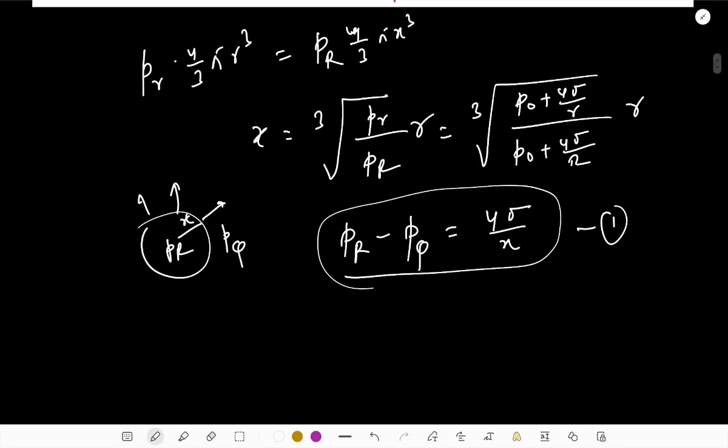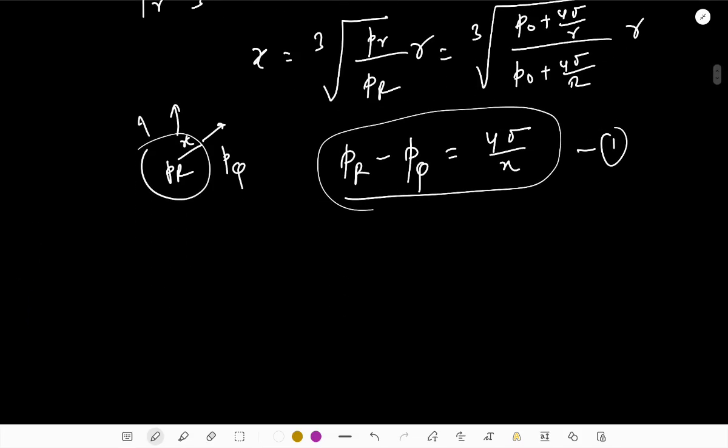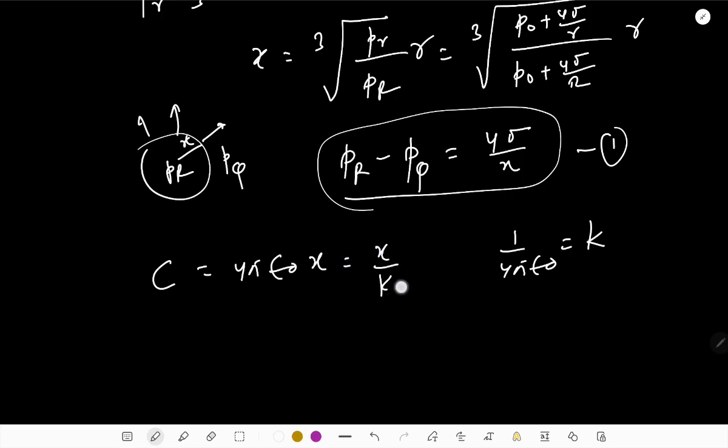So this is one of the equations we are going to use. To solve this problem, I'm going to consider this smaller bubble as a sphere of radius x and charge q, and I can write its capacitance as a capacitor. We know that the capacitance of a spherical capacitor can be written as 4 pi epsilon naught multiplied by its radius. If I put 1 by 4 pi epsilon naught simply as k, this will become x upon k.